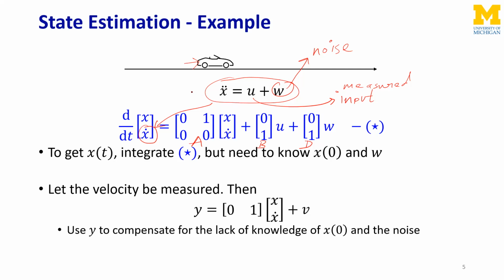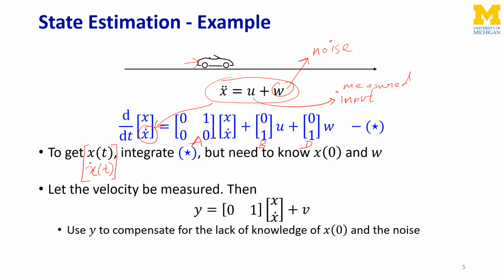Now to get the, actually I shouldn't call this x of t because x of t is the position. What I want to say is x of t and x dot of t, which is the full state. Now to get the full state, we can just integrate this equation here, shown by star.